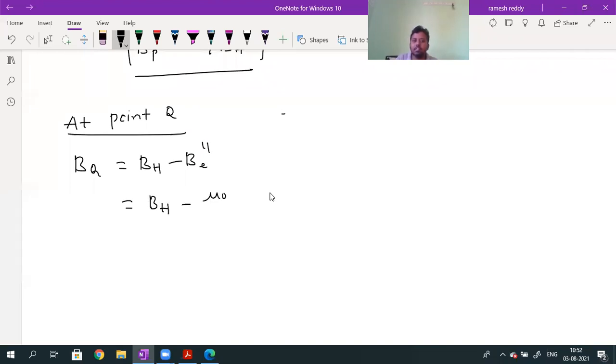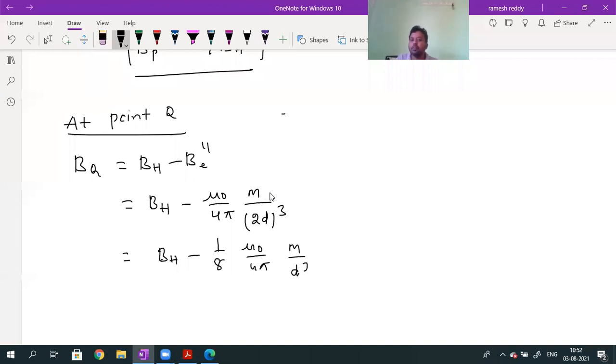BE double dash equals mu naught divided by 4 pi into M divided by the distance 2d whole cube. What is the distance here? 2d whole cube, which can be written as 1 by 8 into mu naught by 4 pi into capital M divided by d cube.